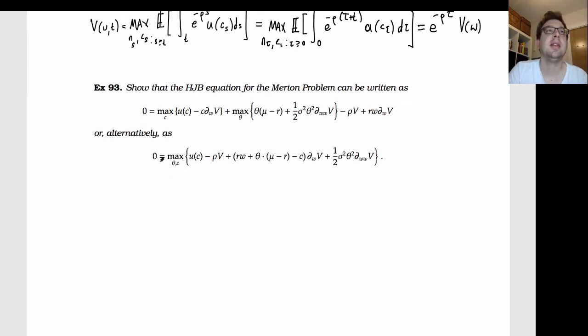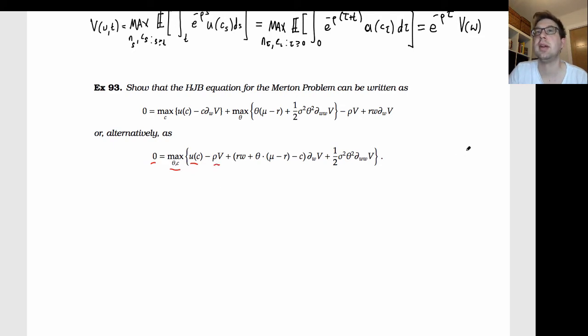So what we can say is that the HJB equation is equal to this. Remember, it's of exactly the same form as before, so we've got 0 is the maximum over the set of actions that I can take of the utility, the instantaneous reward that I get, minus the discount factor times the value function.